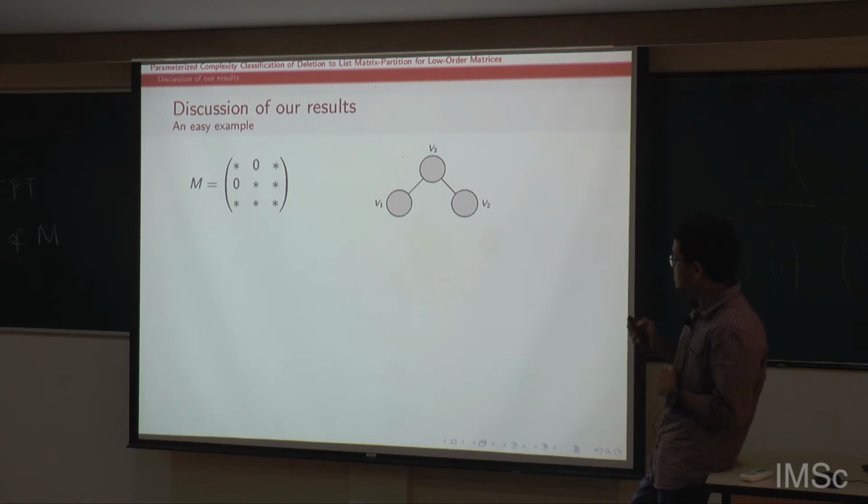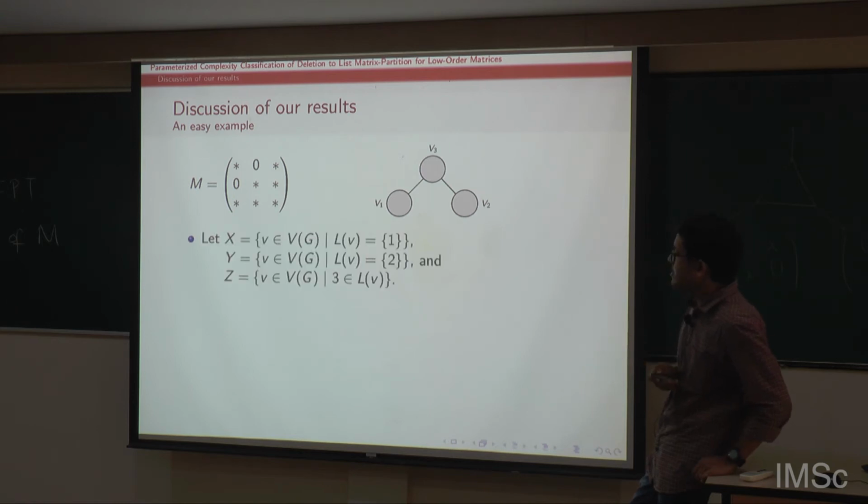And again, what is our goal? We want to delete k vertices so that the remaining graph has this sort of a partition. So first, let's define these 3 sets. What is X?